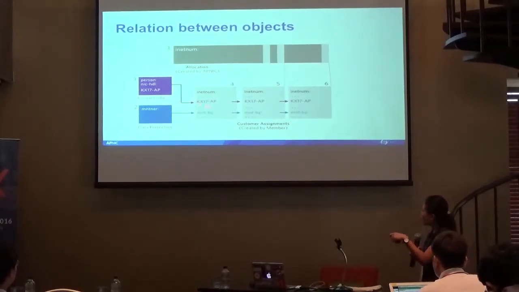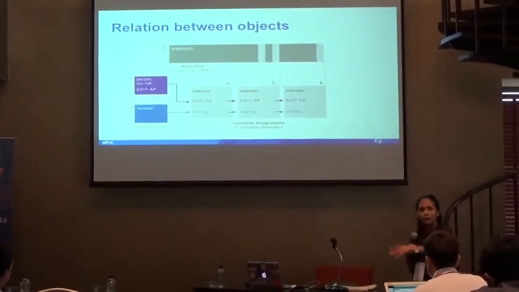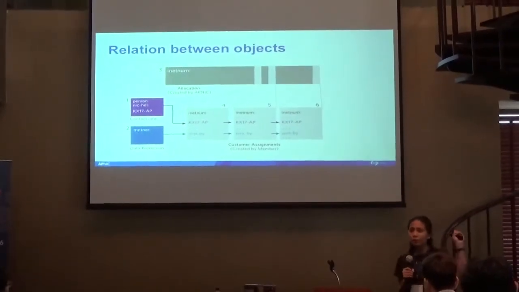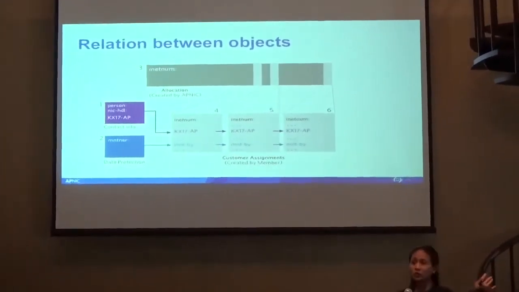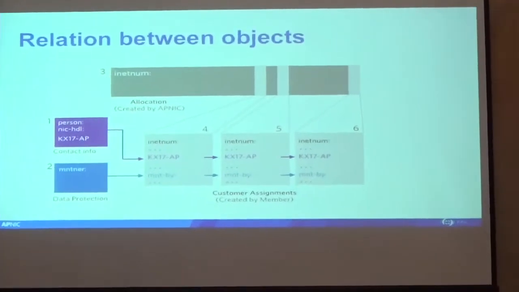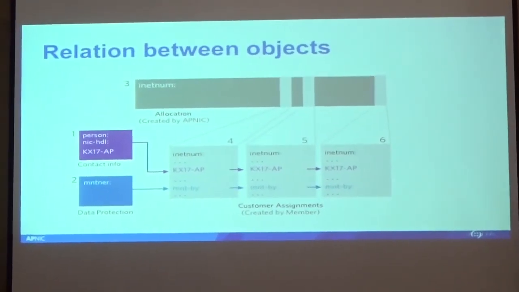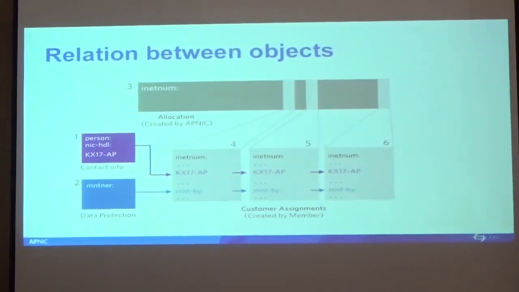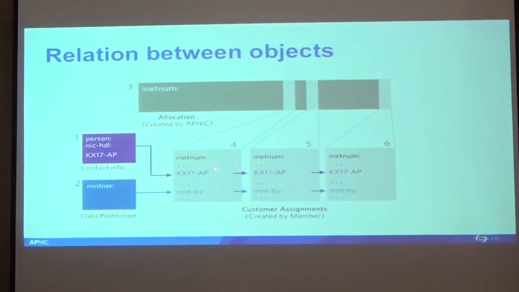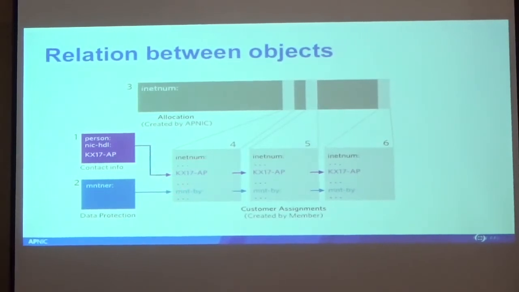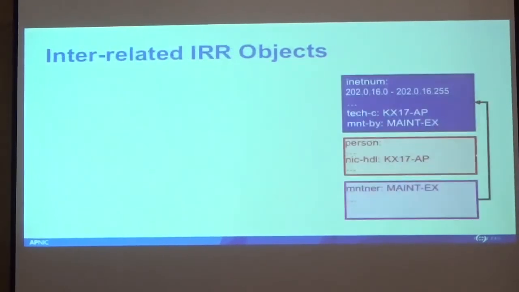If you look this up using the APNIC WHOIS database on the website, you come up with entries with references to other objects. You can easily click on that and it will give you information about the maintainer and the person object. So person objects and maintainer objects are usually referenced in the resource objects.